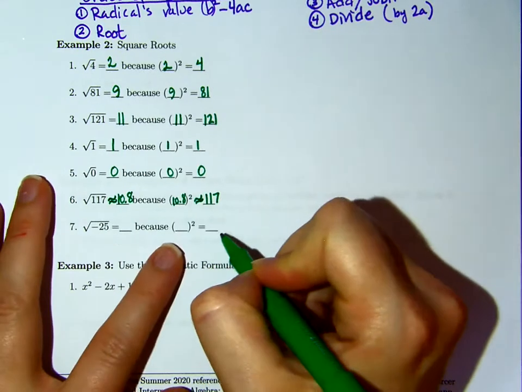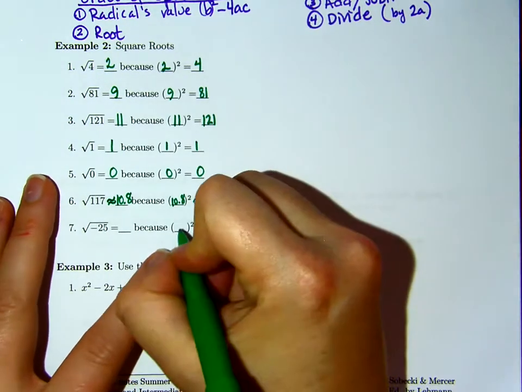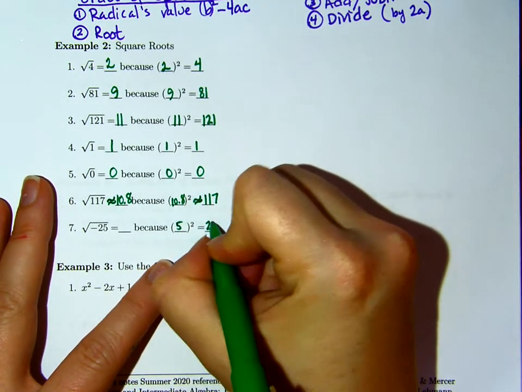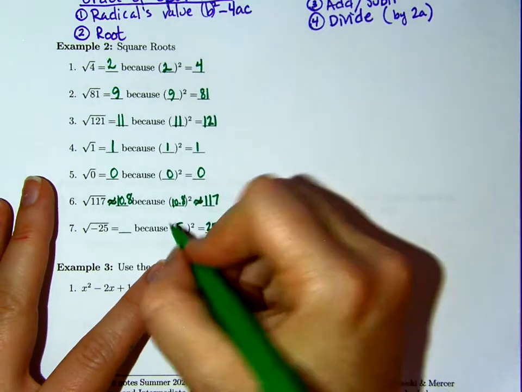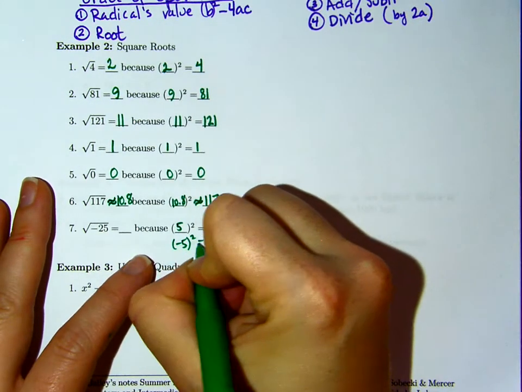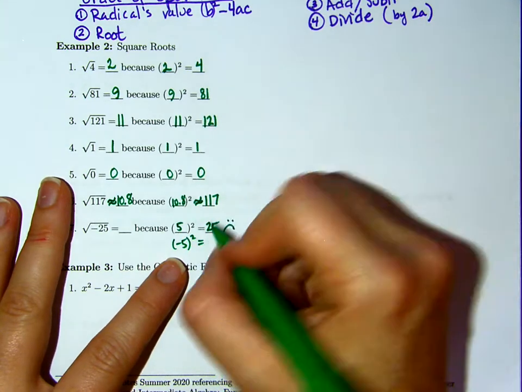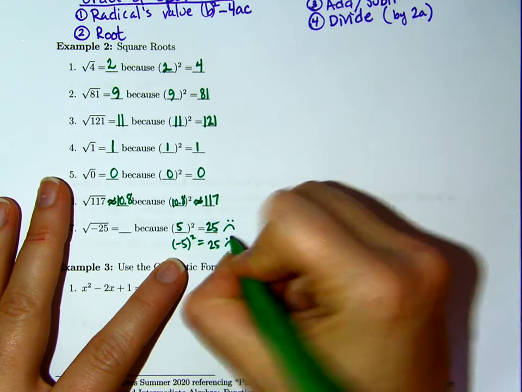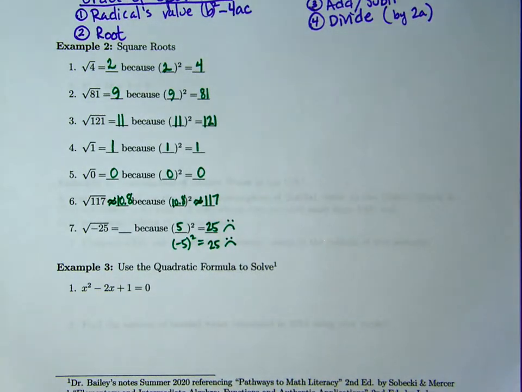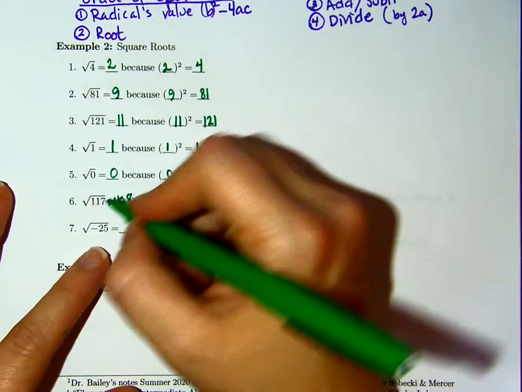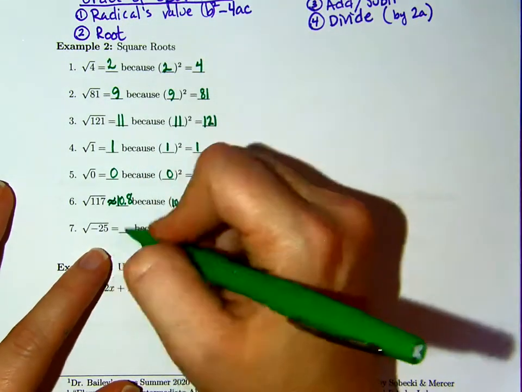Okay, and then what about this? So what squared would give negative 25? Well, if I give 5 squared, that's positive. If I give negative 5 squared, negative 5 times negative 5 is positive 25. That's sadness. So, does not exist.